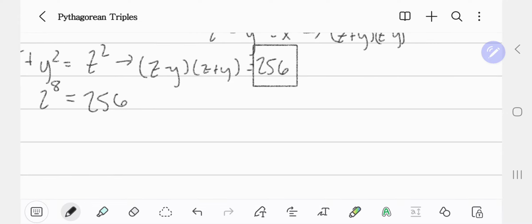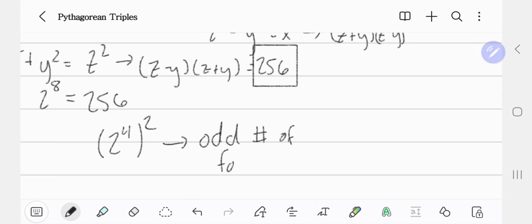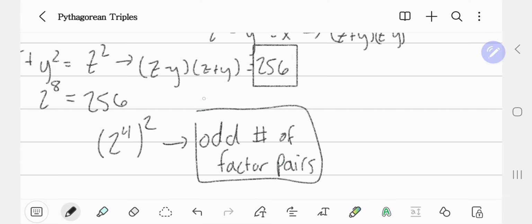We can also note that 2 to the 8 is a perfect square, 2 to the 4 squared, so that means there's an odd number of factor pairs, and in the end we're going to have 3.